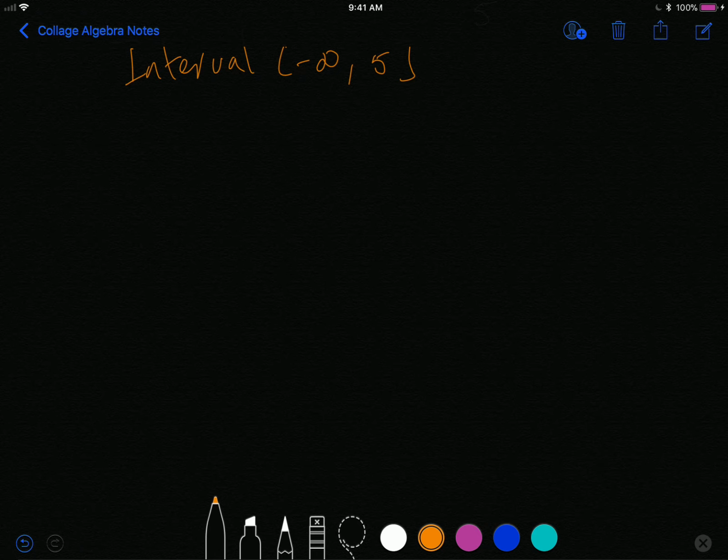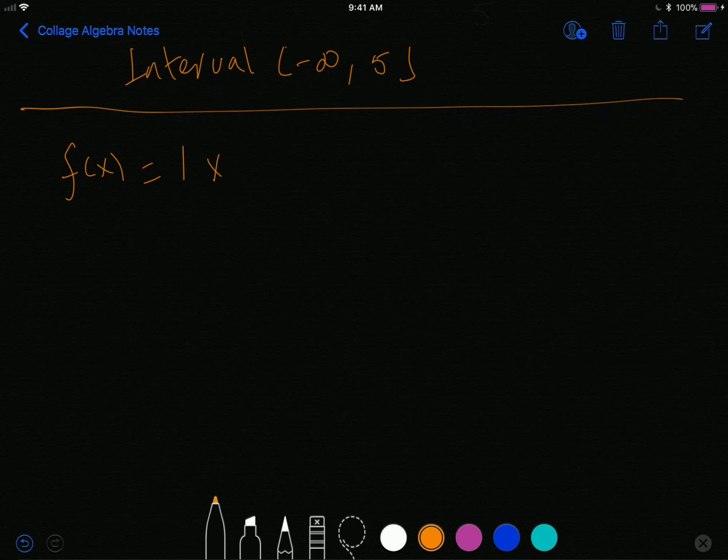The last thing right here is that there are some special domains that are more complicated, and so we have to look at those in particular. First, if you have an absolute value sign, simply ignore the absolute value sign. f of x is equal to the absolute value of x plus 3 right here.